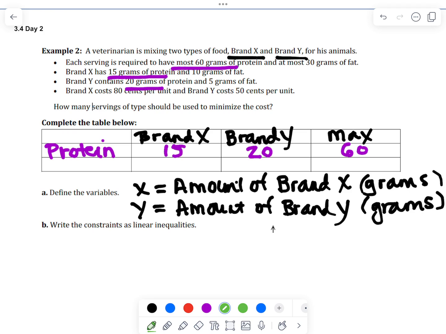The second constraint is on fat. So brand X can have 10 grams of fat. Brand Y can have 5 grams of fat. And the most it can have is 30 grams.